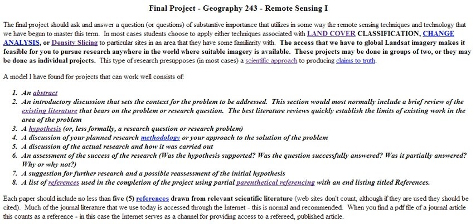Now, in the first part of this final project document, I ask you to formulate a research question using one of the techniques that we've learned in this course: land cover classification, change analysis, and density slicing are three particular techniques.